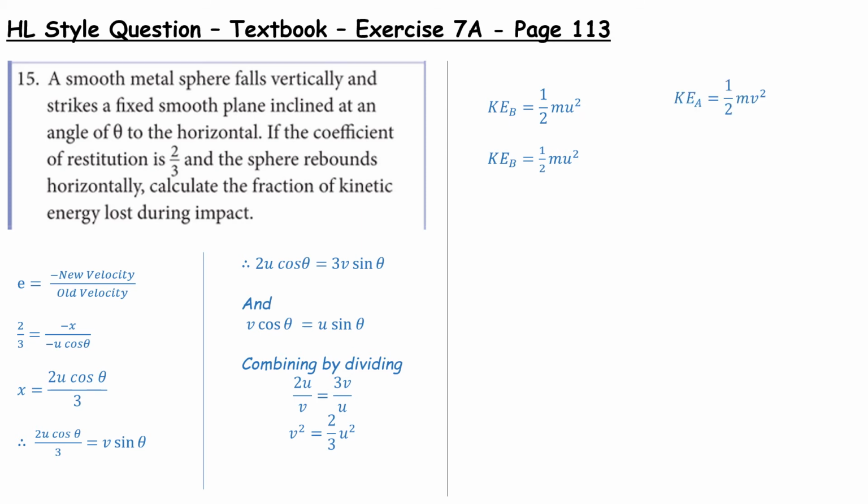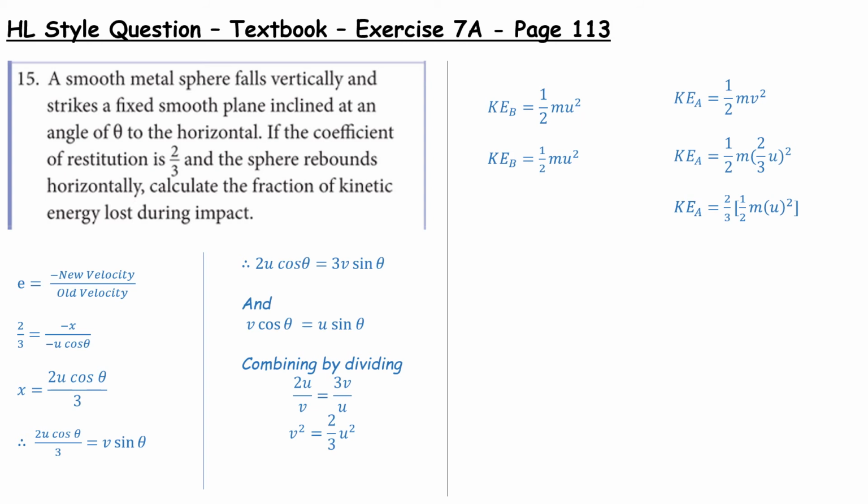And then for the after, instead of v squared, I'm going to sub in what we have here, which is 2/3 u squared. By doing it this way, we get a really nice quick answer, because I've just rearranged this to say that that's the same as 2/3 a half mu squared.